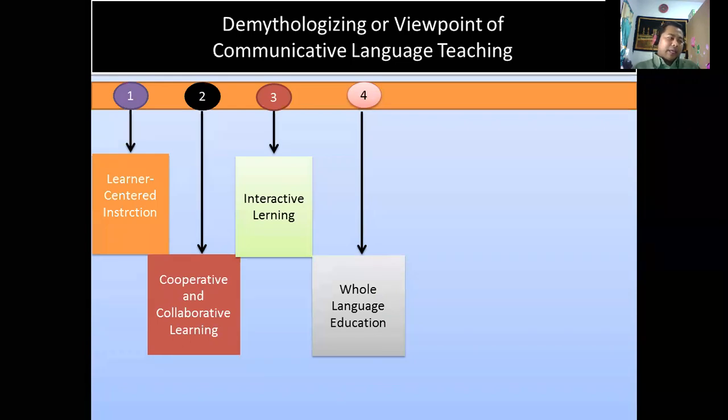Whole language education. In whole language education, there is a principle here actually. If you look at the characteristics, there are two characteristics here on page 49, how whole language education is called democratic, is called diverse society.